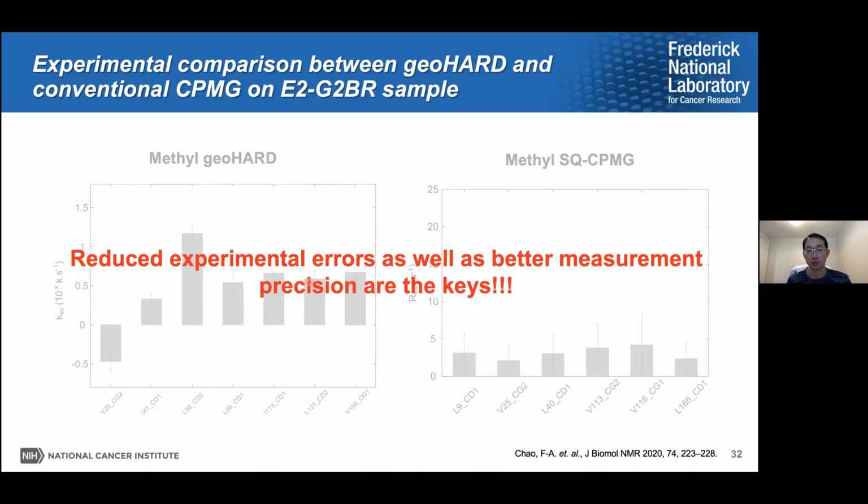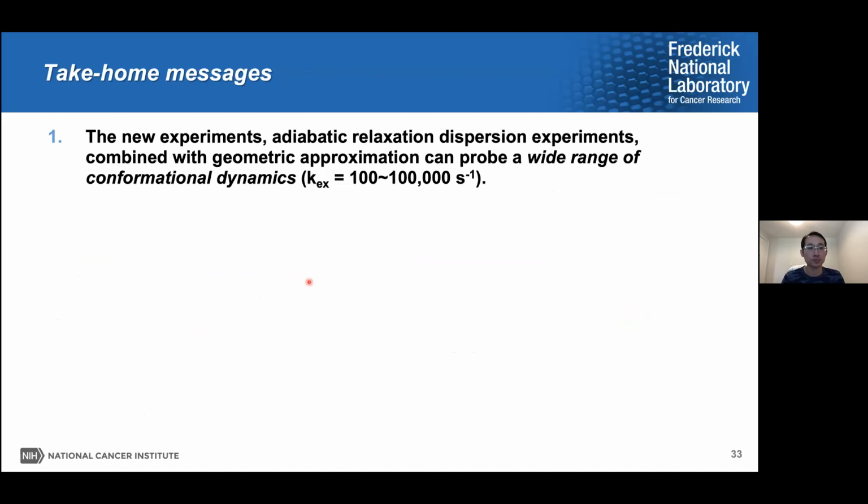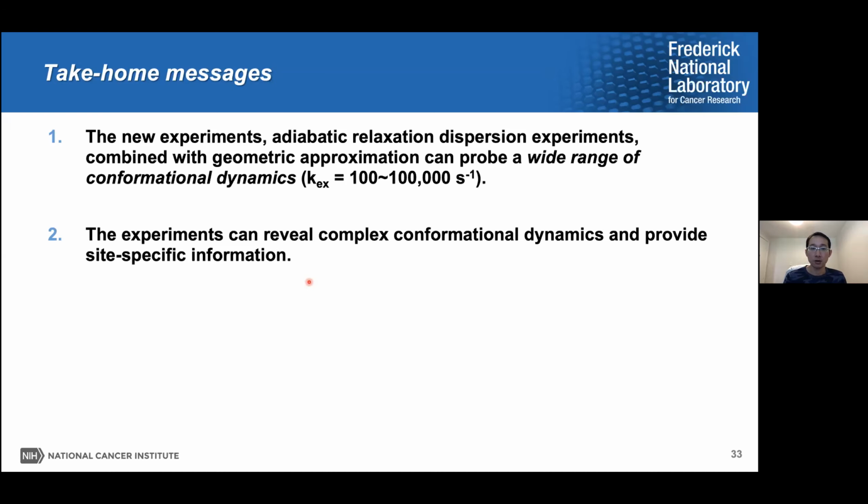So that means the reduced experimental error as well as better measurement precision are the key in our experiment too. Here is my take-home message. First, this new type of experiment combined with this new type of data analysis approach can allow us to probe a wide range of conformational dynamics.